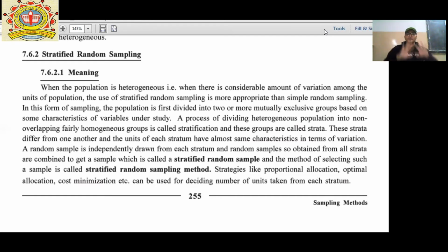First of all, I divided the whole population into mutually exclusive groups having the same characteristics, and this division is called stratification, and these groups are called strata. Each stratum represents a common population, so I have to select a random unit from each of these different strata. So it is called stratified random sampling.